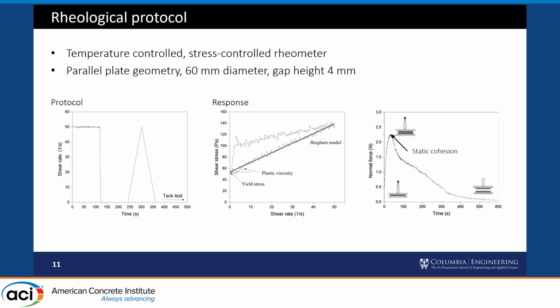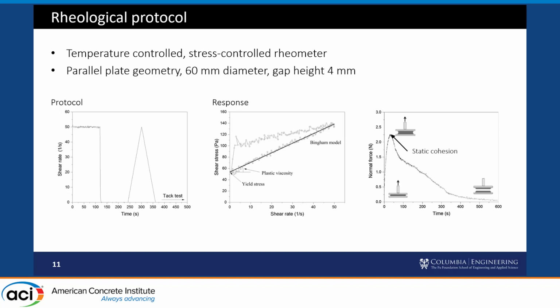So the protocol is shown to your left. Like a typical protocol, we added a pre-shear rest period, and then we introduced a linear ramp up and down to obtain a flow curve response. We just use the Bingham model on the down curve, and so the intercept is the dynamic yield stress and the slope is the viscosity. So those were the key parameters.